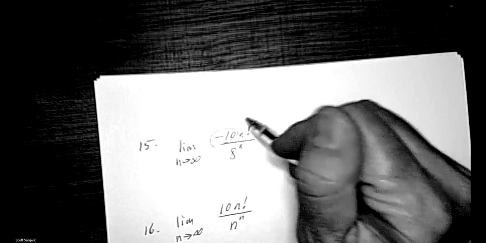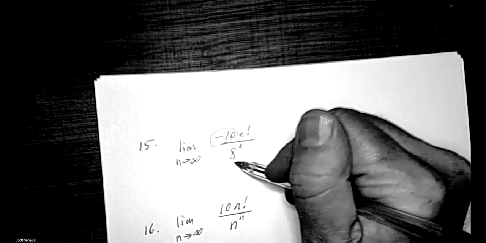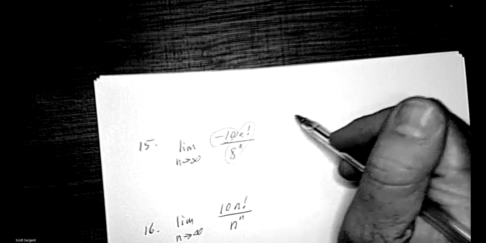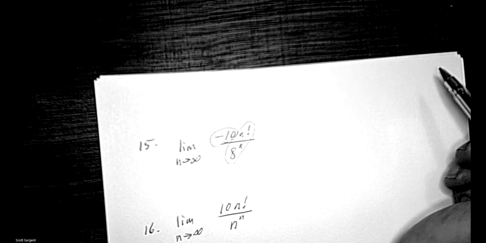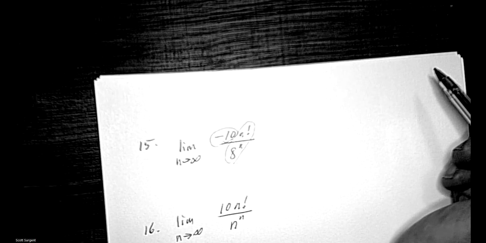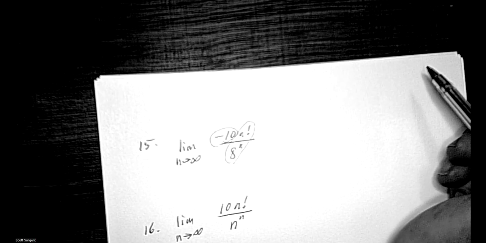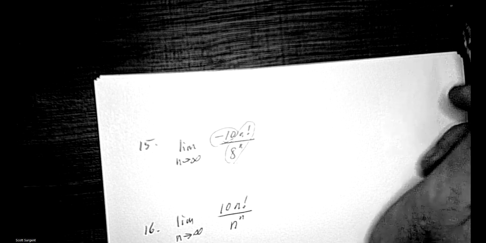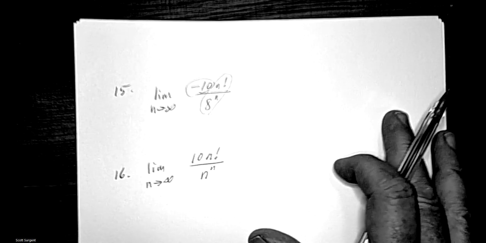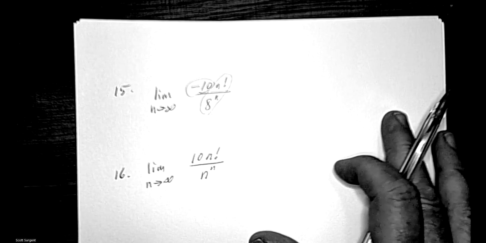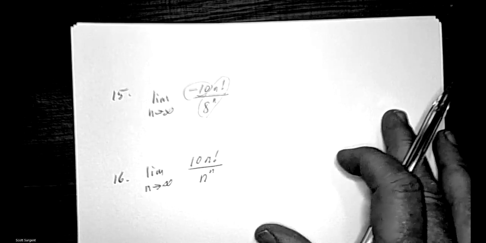First of all, the negative 10 really has no role in this. All the action is happening with the n's. And it's a question of what outgrows what. Does factorial get bigger than exponential or the other way? Let's take n equals 10.